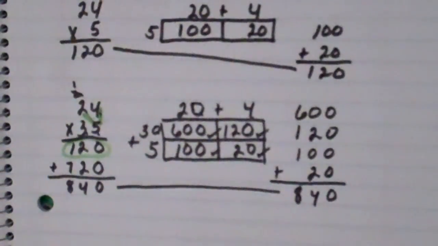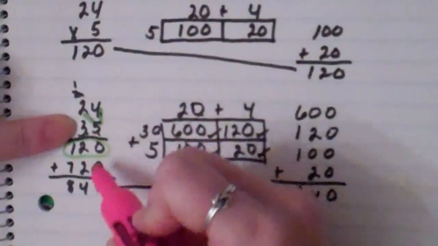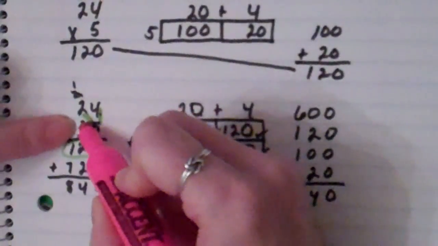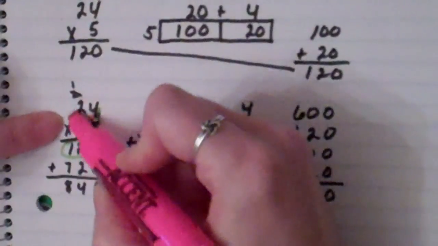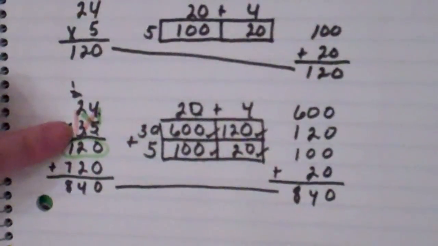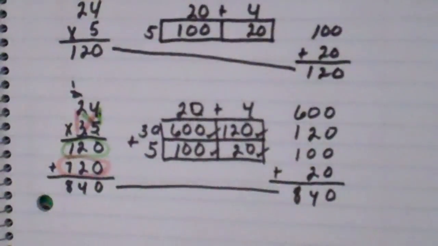Then I multiplied the 30 times the 24. To do that, I multiplied the 3 times the 4 after I put in the 0, and then the 3 times the 2. That partial product, 30 times 24, was 720. And then I added them together to get my complete product, 840.